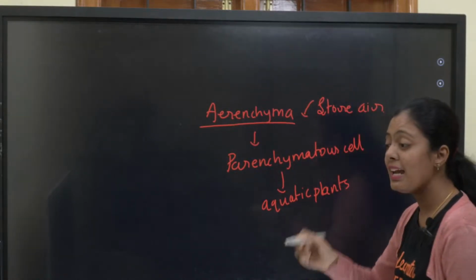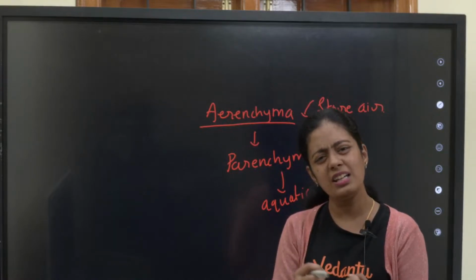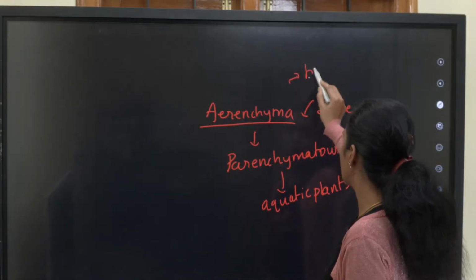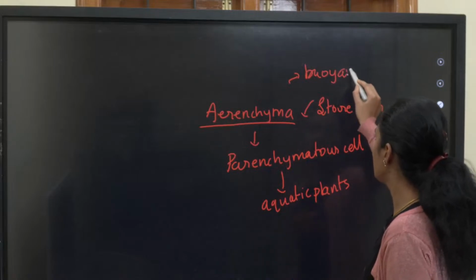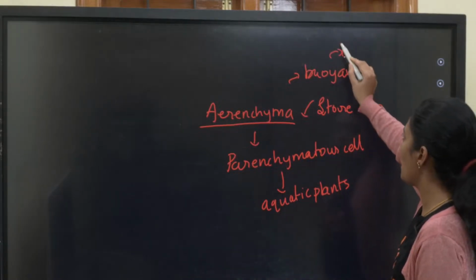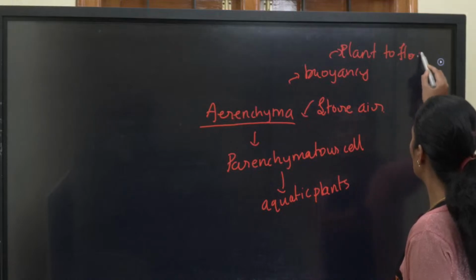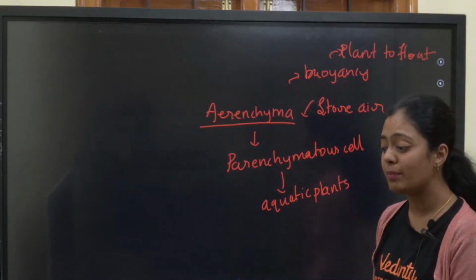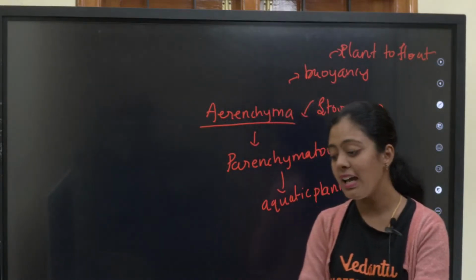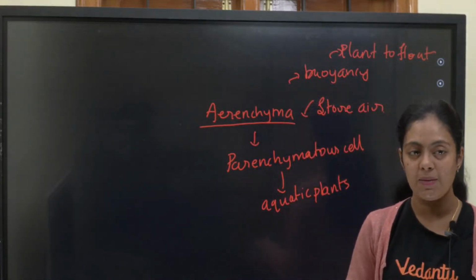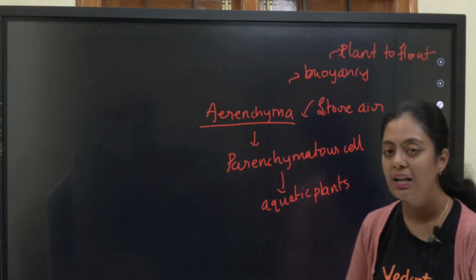Why do you think these aquatic plants need to store air? When they store air, it provides them buoyancy and helps the plant to float. If you want the plant to float, they need a specialized type of parenchyma, which helps in storing air. I suddenly remembered it.